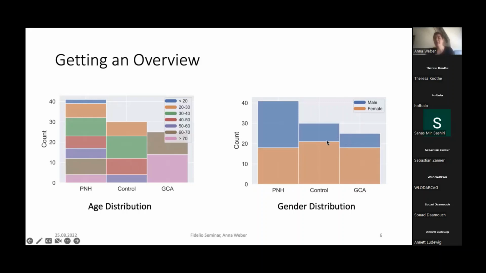And actually, for the healthy controls, it also was unbalanced, just for luck reasons, I guess. But in the PNH control sample, for example, and also in this additional publicly available data that I downloaded, it's rather 50-50. So that also means that there could be some gender-related effects that can confound our analysis if we're looking at whole repertoires.